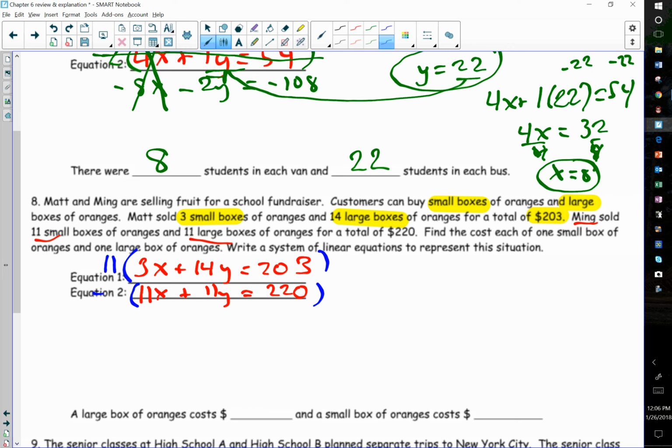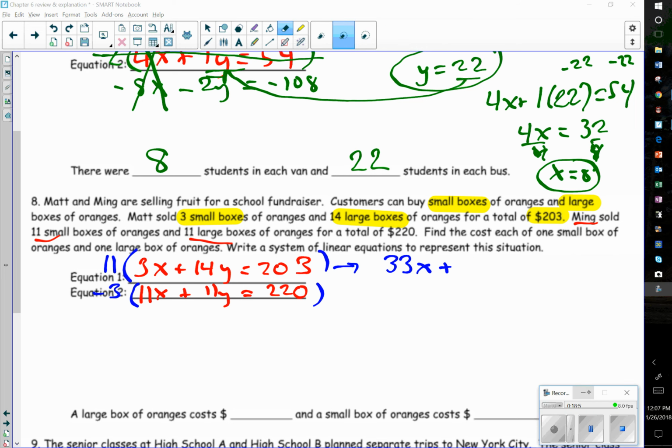Multiply the bottom equation by -3 to get -33x on the bottom. My new equation for the first equation would be 33x plus 154y.